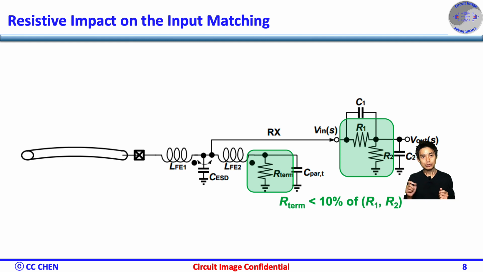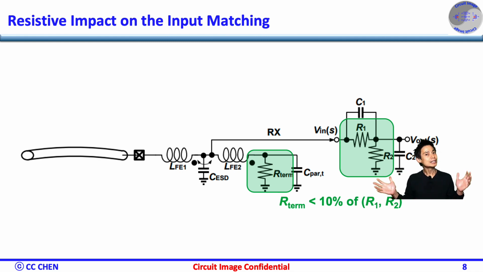Therefore, we suggested the resistance for the R1 and R2 should be greater than 500 ohm single-ended, which should ensure less than 10% degradation in the input termination 50 ohm single-ended.